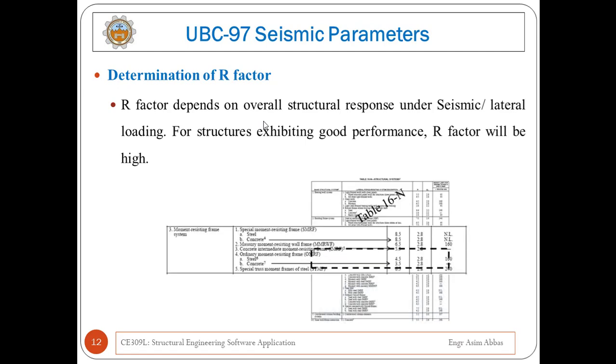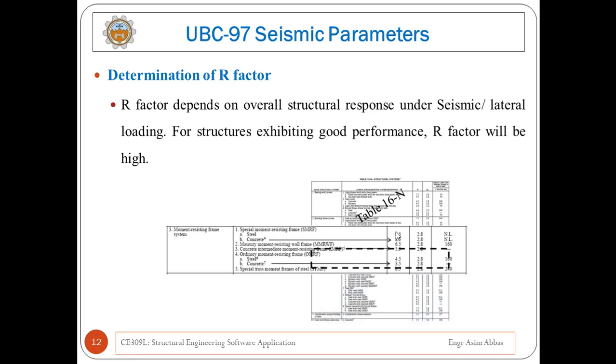Okay, ACI divides the seismic design into three different categories of frame having special design provisions, and it is called the moment resistant frame system. The three categories of moment resistant frame system are special moment resistant frame, represented by SMRF, then intermediate moment resistant frame and ordinary moment resistant frame.